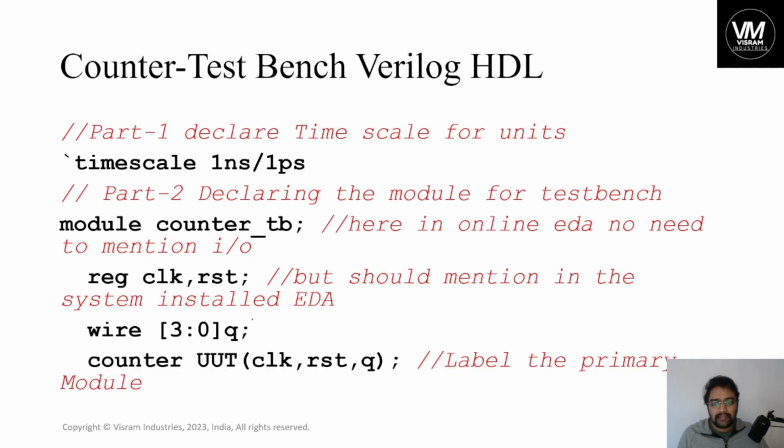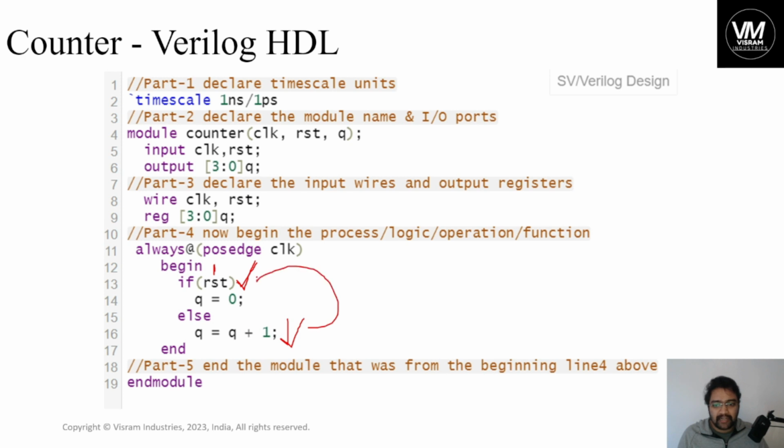Again, the loop comes to the next part. In the next clock cycle, Q is 1. Q is assigned as 1, and this goes to 2. This goes through the loop again, and 2 comes here, and then 3.